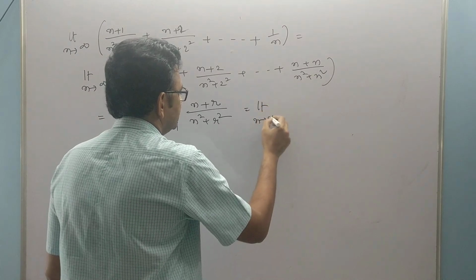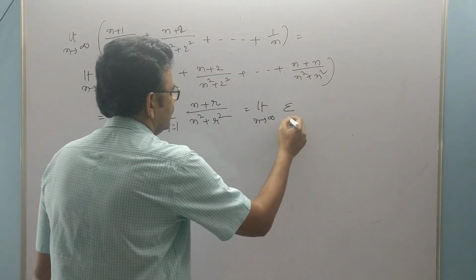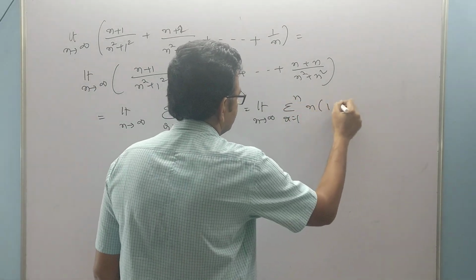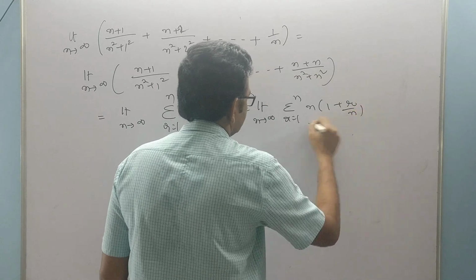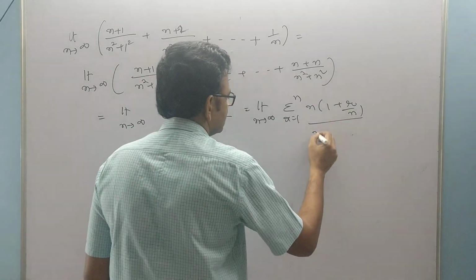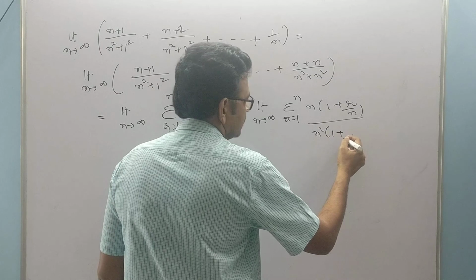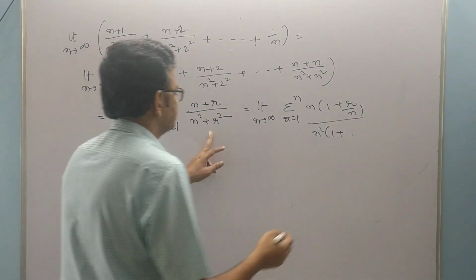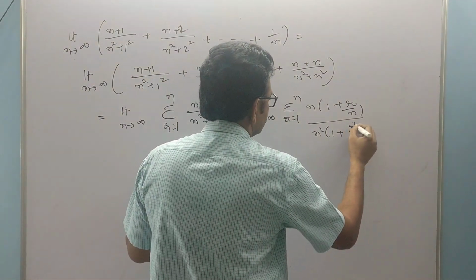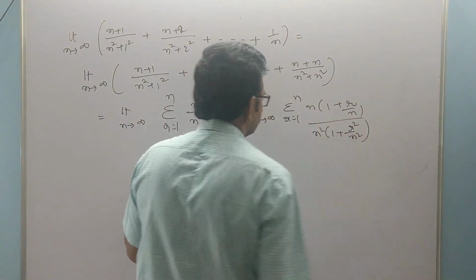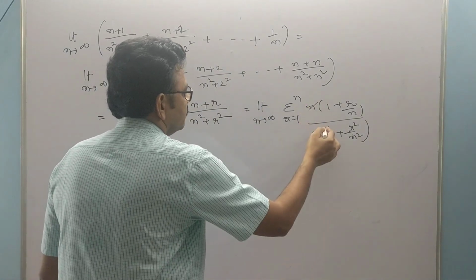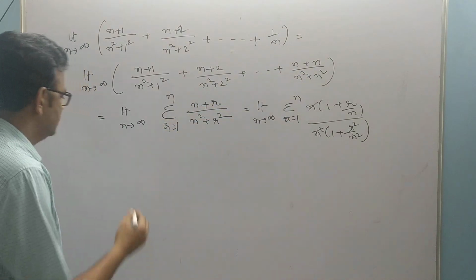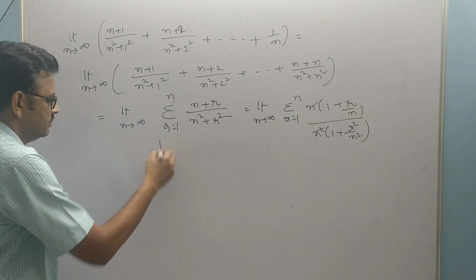Limit of n tends to infinity, sigma r equal to 1 to n, n common, 1 plus r by n, by n square common, 1 plus r square by n square. So 1 n cancels, limits as usual 0 to 1, therefore this is integral 0 to 1.